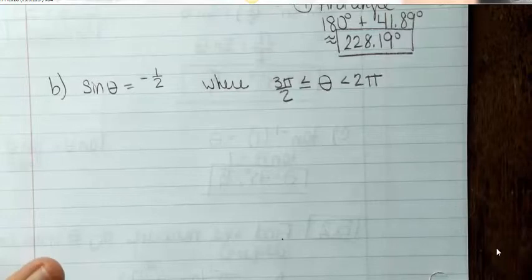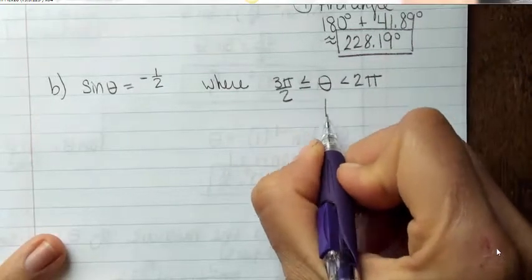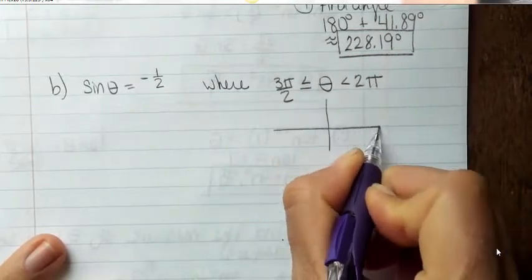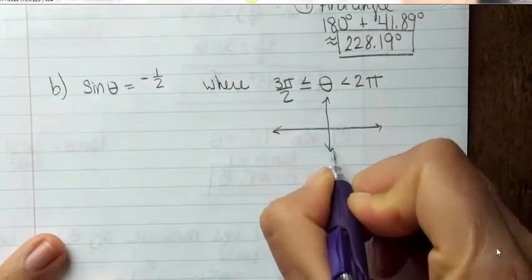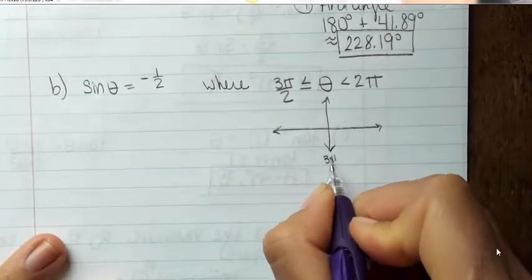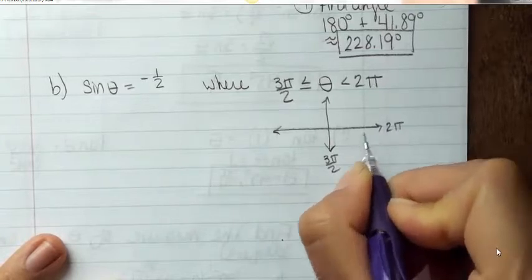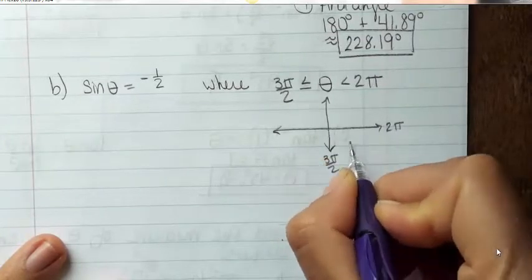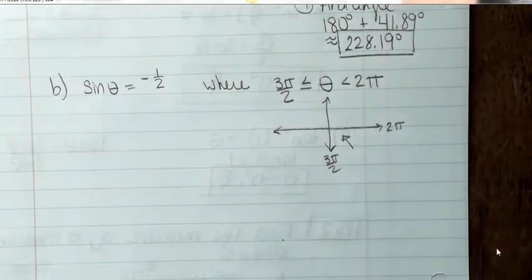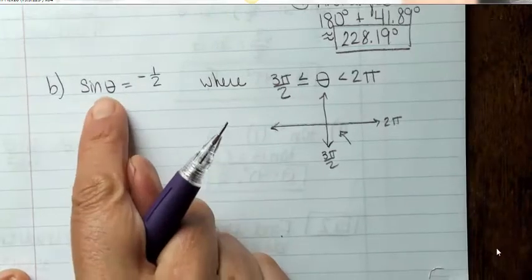Okay, so what does that actually look like? Well, 3 pi over 2 is here, and this is 2 pi. So I know that I want an angle somewhere in here. Now, this should look very familiar to you.